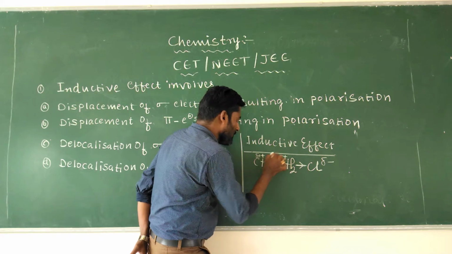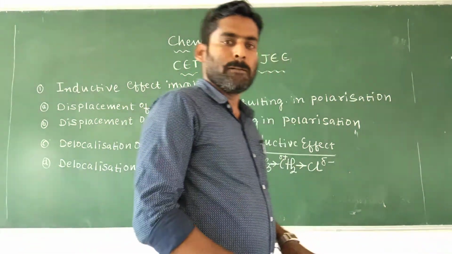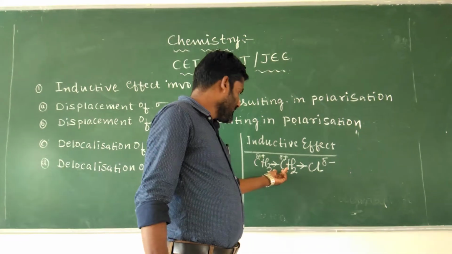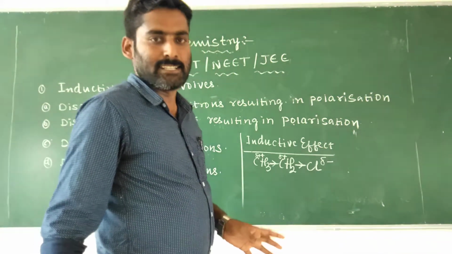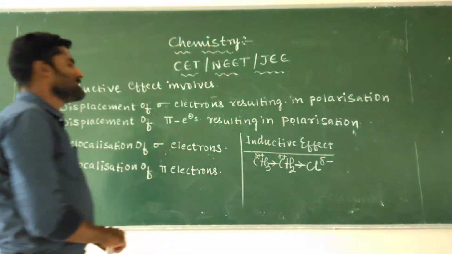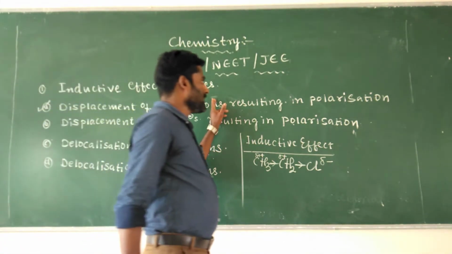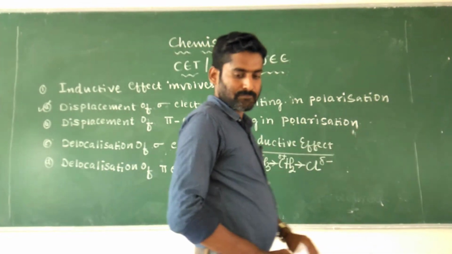So positive and negative charges are formed in the organic molecule. Hence the covalent bond gets polarized. So the correct option for this question is displacement of sigma electrons resulting in polarization.